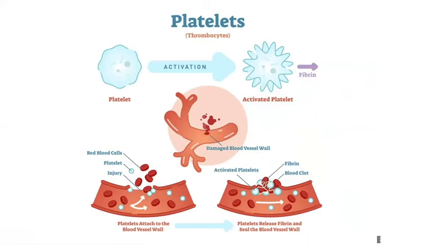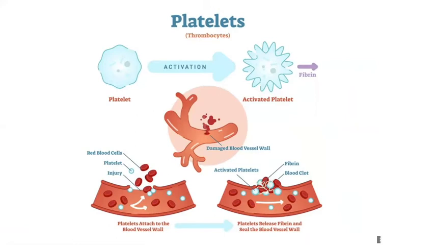Now let's talk about platelets, also called thrombocytes. Before their activation, platelets look like wrinkled up pieces of paper. But if a blood vessel wall is damaged, then they become activated and become all thorny.